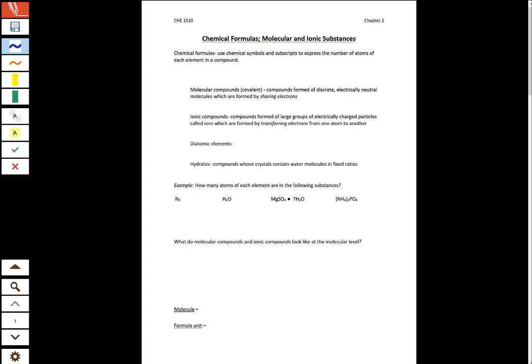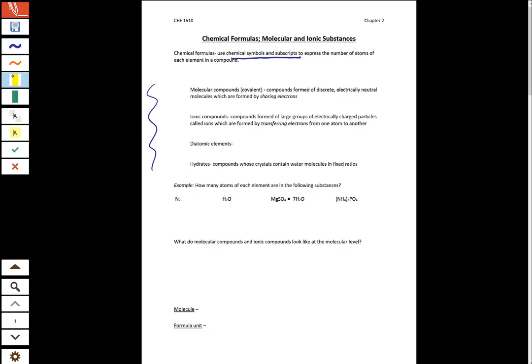So when we look at chemicals, you are going to see chemical symbols and subscripts be used to express what types of elements are in a compound. So there are different classifications of compounds, which are going to be shown here. So there's molecular compounds, which are also called covalent compounds.